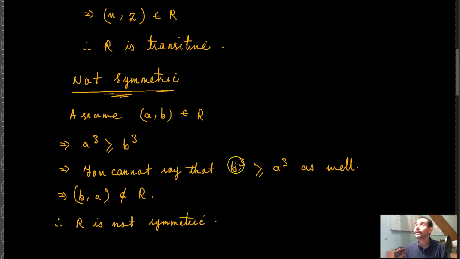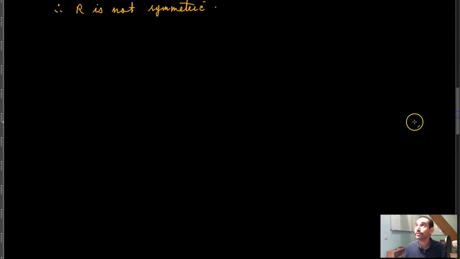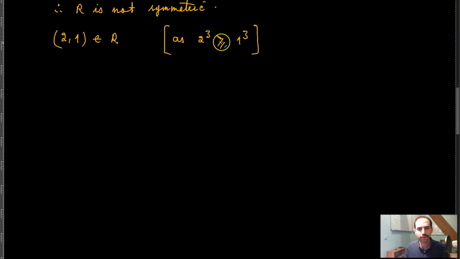Okay. Now the way that they have solved this problem was basically using logic, but another way that you can solve it is to say that, for example, (2, 1) belongs to R, as 2 cubed is greater than or equal to 1 cubed. So 8 is greater than or equal to 1.